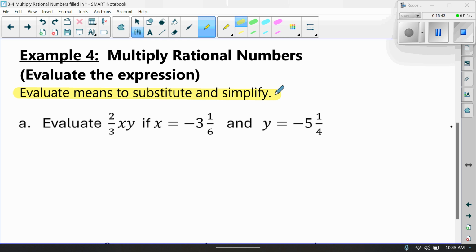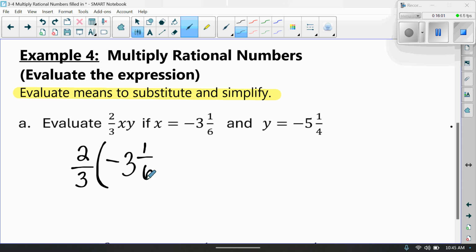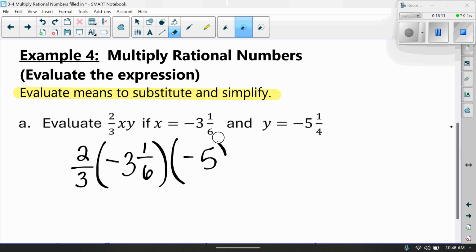So here we want to substitute and simplify. So what am I going to put in for x? So here we want to evaluate the expression. So we've got 2/3 times x, which is -3 and 1/6, times y, which is -5 and 1/4.